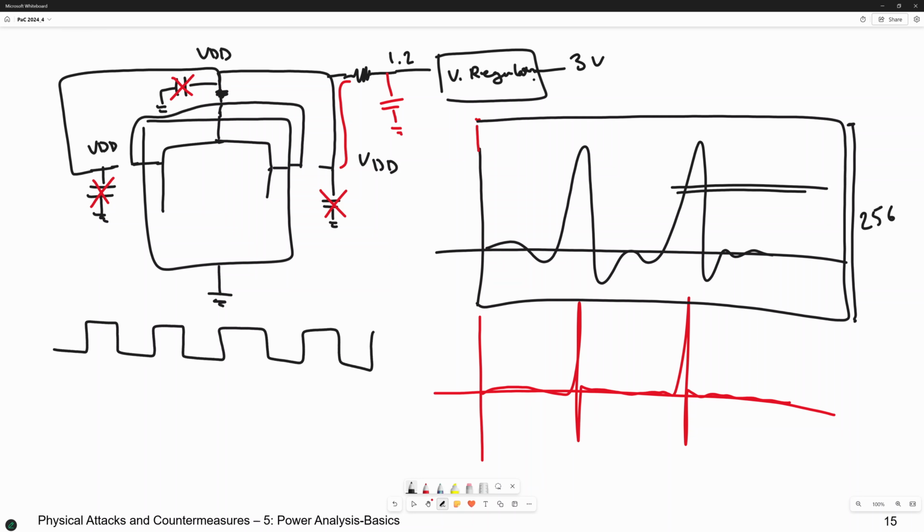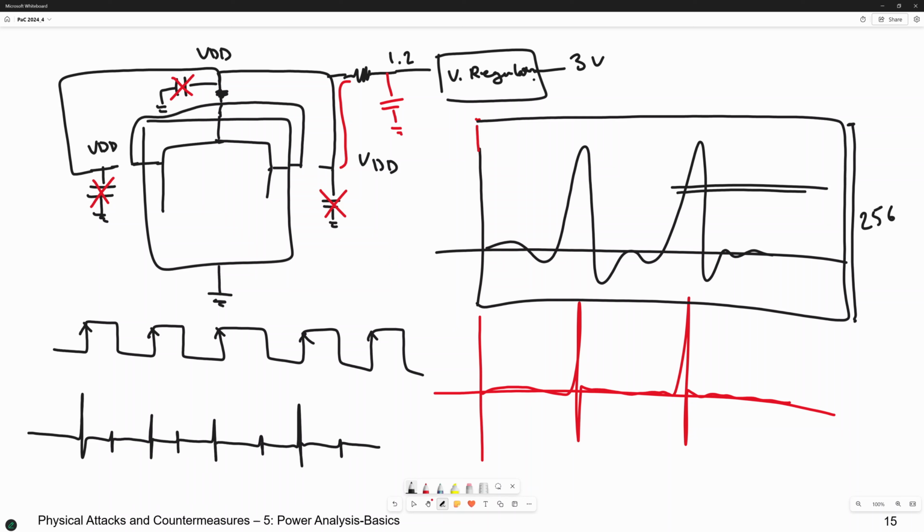Of course, there are some devices that work at the positive and also at the negative edge of the clock. But just imagine that your circuit works at the positive edge. Then if you look at the power consumption traces, it will be something like this. At the negative edge, there is also a peak, which is usually data independent.